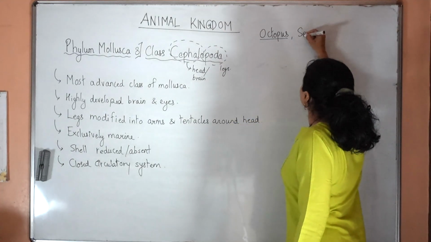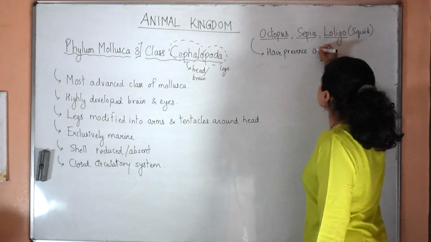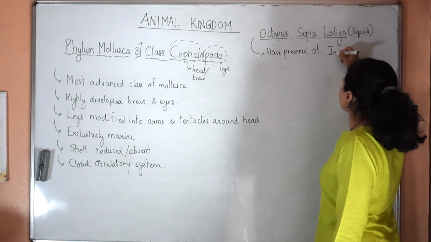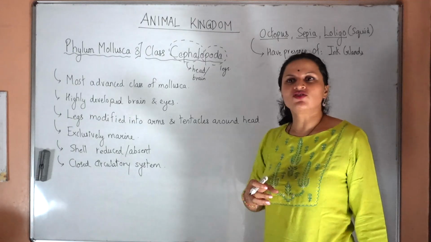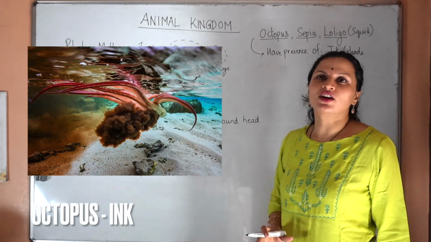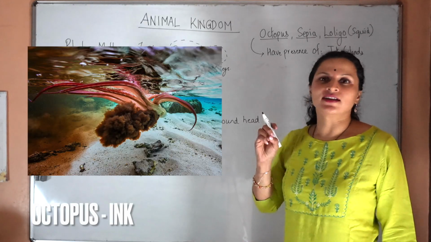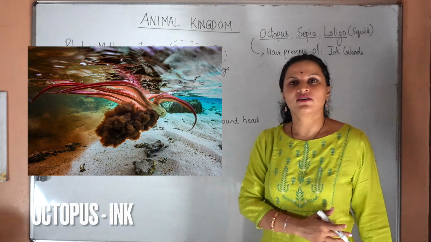Octopus, sepia, and squid or Loligo, all these three organisms have something called ink glands. They have glands which produce a dark colored ink. They will produce a cloud of ink in front of their predator or prey, and take that opportunity to either attack the prey or escape from the predator.